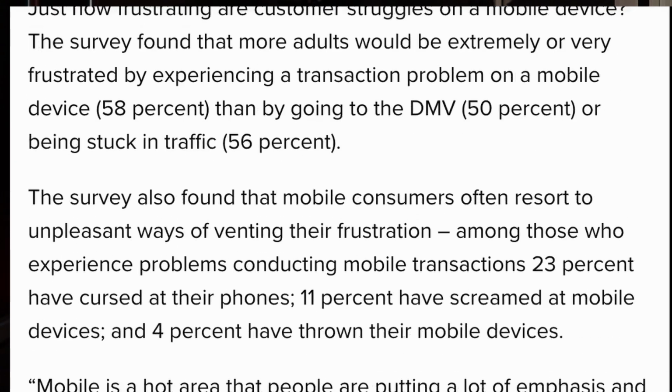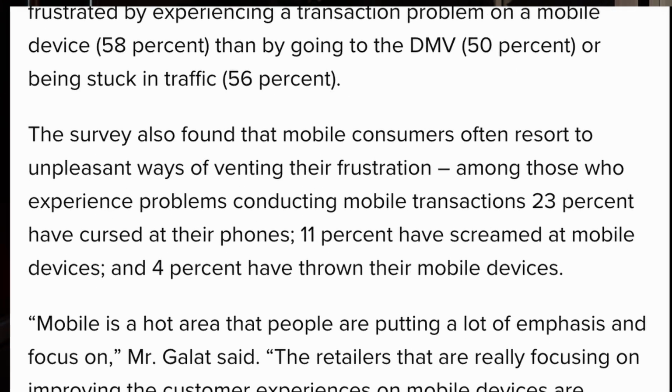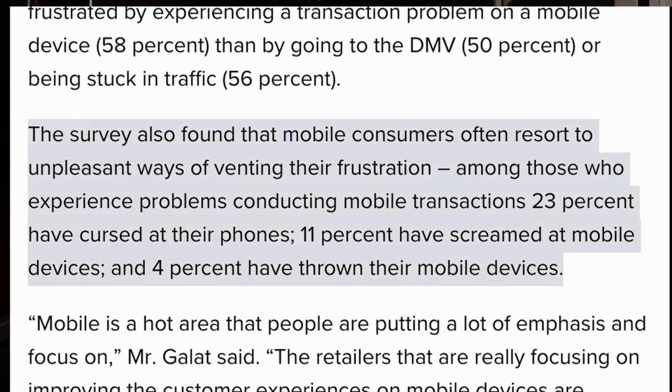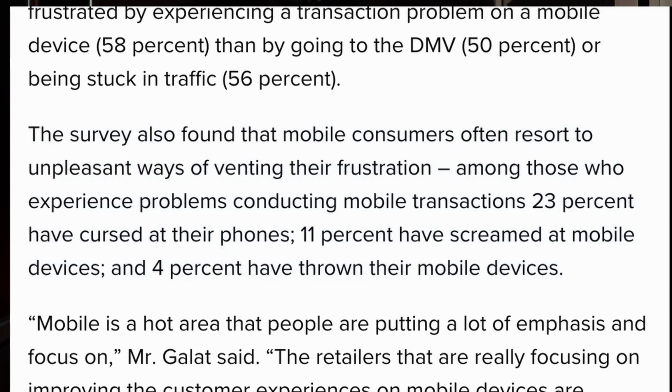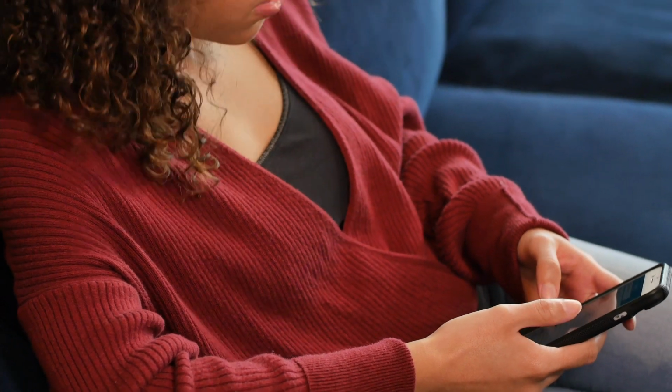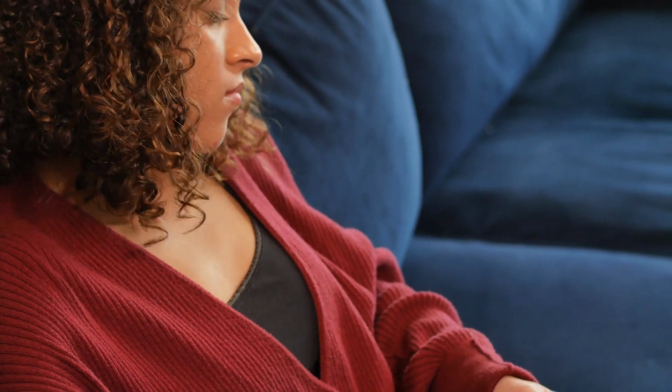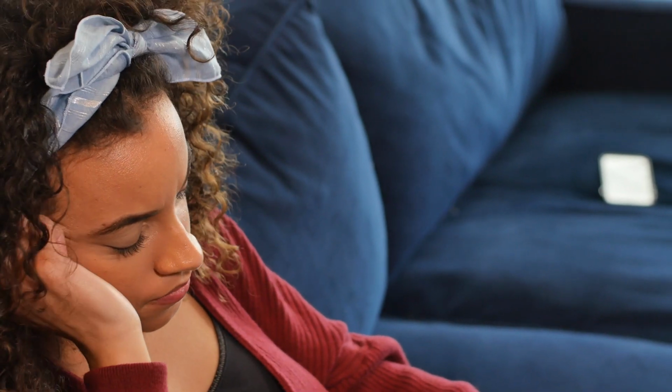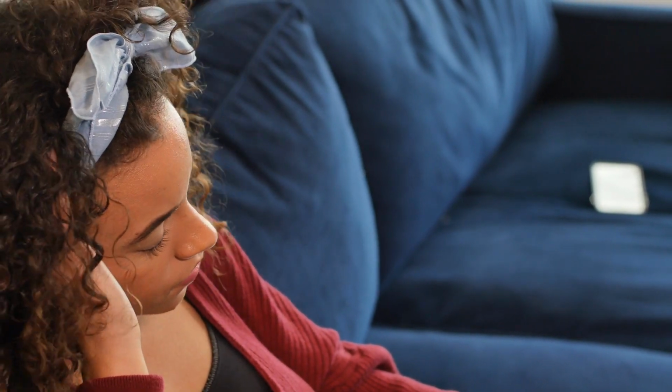Moreover, according to a survey conducted by Harris Interactive for TeaLeaf, 23% of users confessed to cursing at their earphones, 11% have screamed at them, and a whole 4% have actually thrown their earphones when experiencing a problem with an online transaction. Delays are among those problems.